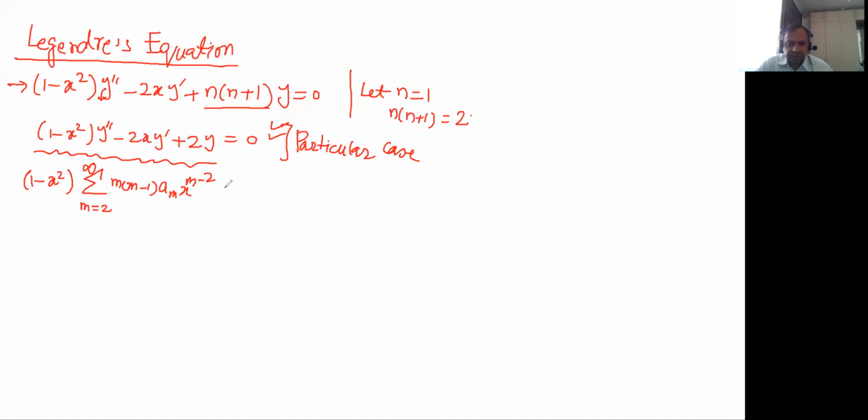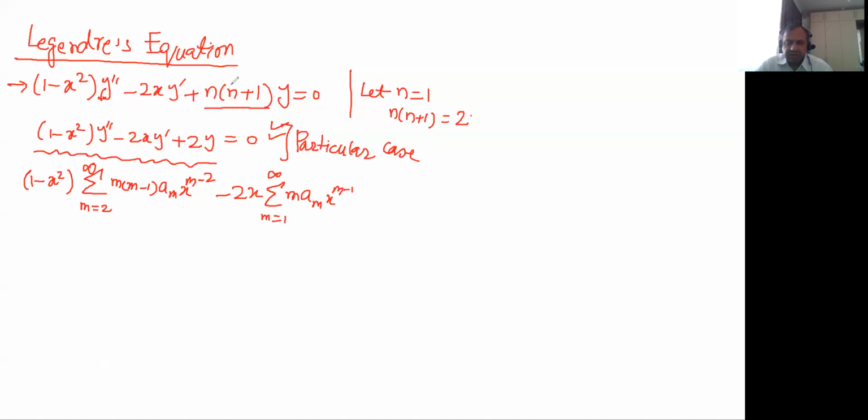And then it is minus 2x times the sum from m equal to 1 to infinity of m a_m x to the power m minus 1.